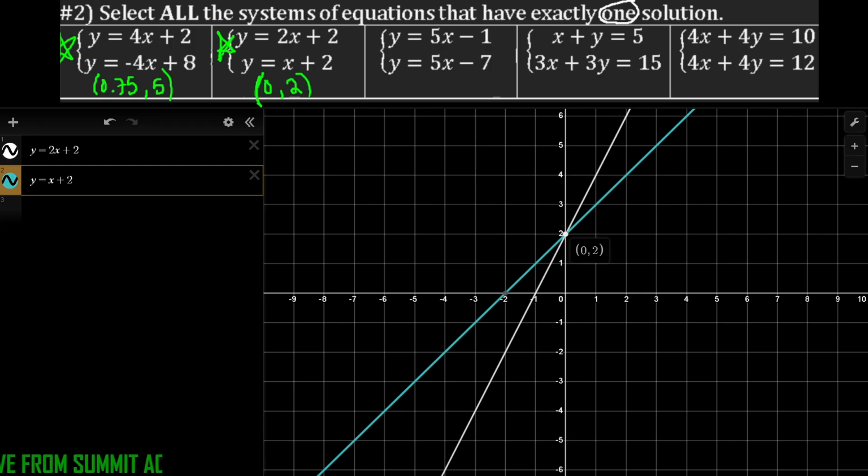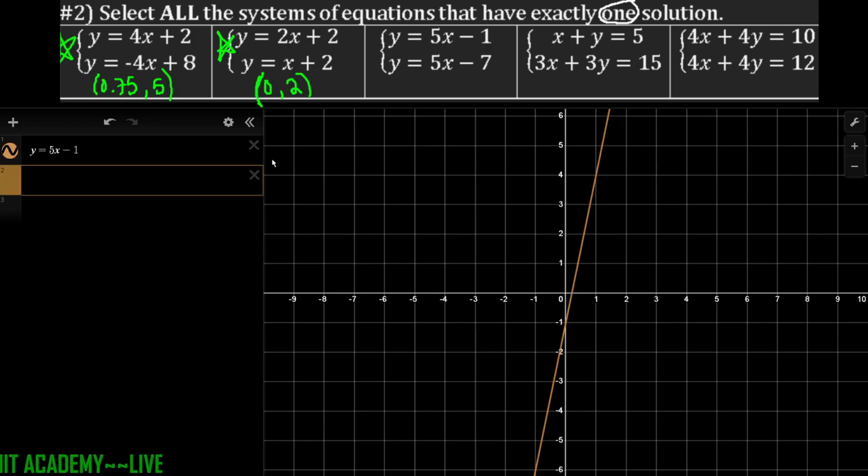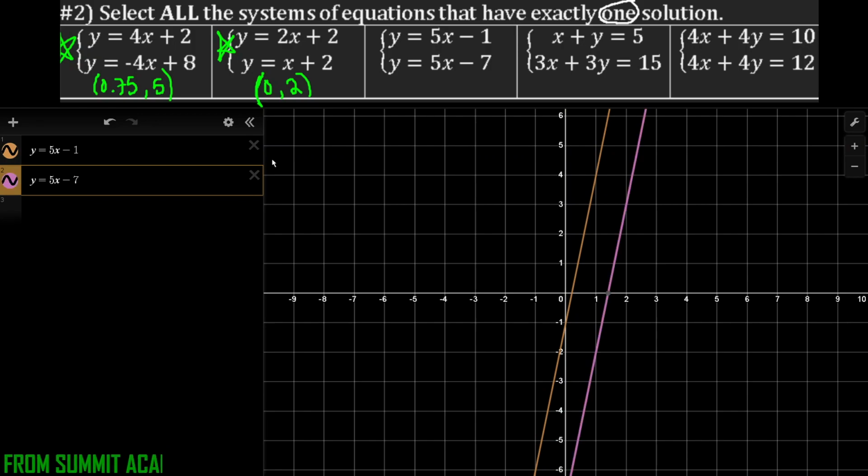All right. On the third one, so let me clear out this one. Again, make sure you're just doing one system at a time. Again, a system of equations is at least 2 equations on the same graph. So I have y equals 5x minus 1 and y equals 5x minus 7.